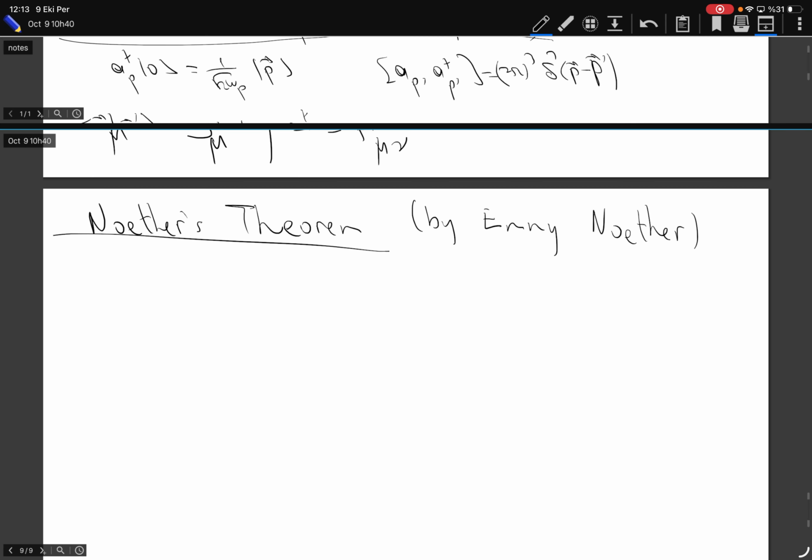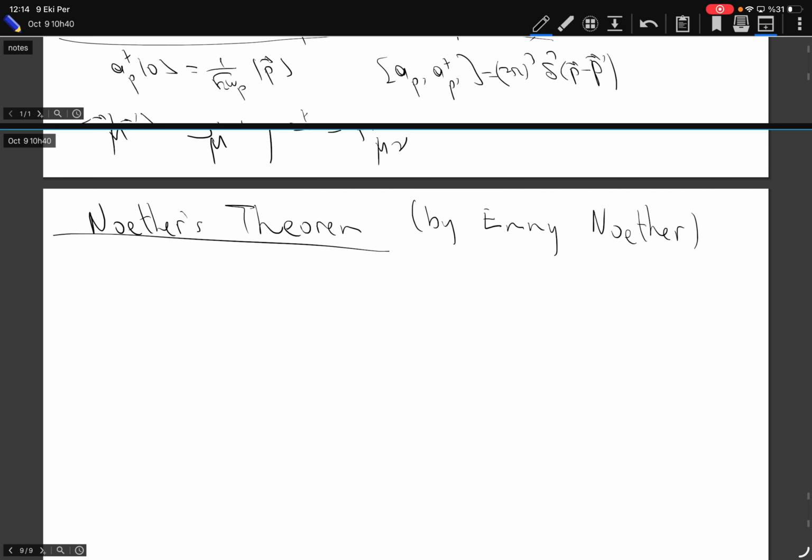So, for example, if you have a Lagrangian that is translationally invariant, you have a corresponding conserved quantity, which will be the momentum. If you have a Lagrangian that is rotationally invariant, then the conserved quantity will be the angular momentum. From a Lagrangian which has time translation invariance, you have the conservation of energy. If you have a symmetry, you have a conservation. That's the basic idea of Noether's theorem. If you have a conservation, you have a symmetry. If you have a symmetry, you have a conservation law.